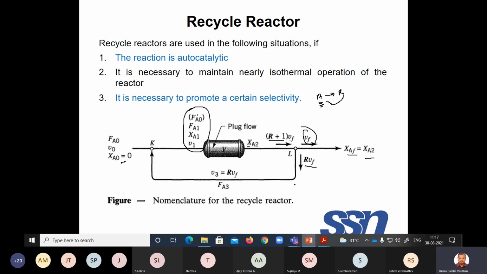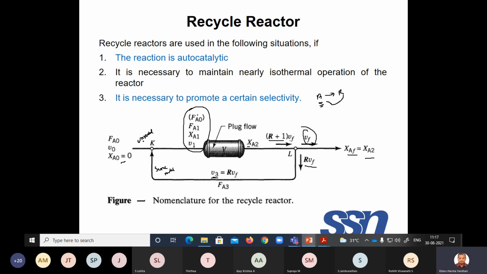This particular R into VF, let it be V3, that is the volumetric flow rate. It is being added or mixed at a point K. So this is unreacted and this is reacted, right? This stream is unreacted and this stream is somewhat reacted.